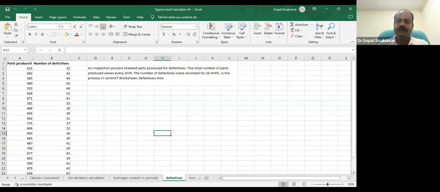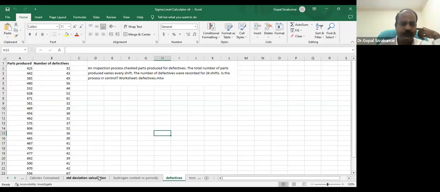I'm just opening an Excel file from my side. I will also share this Excel file in the WhatsApp group, so that you can also learn from it in your free time. Hope all of you can see it. The Excel file should be visible.